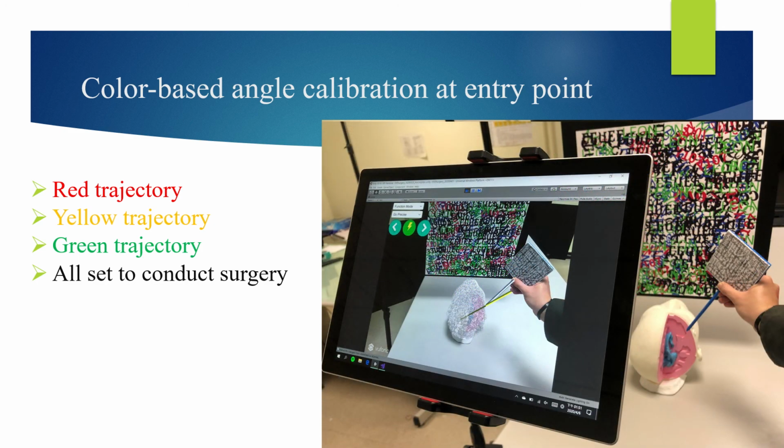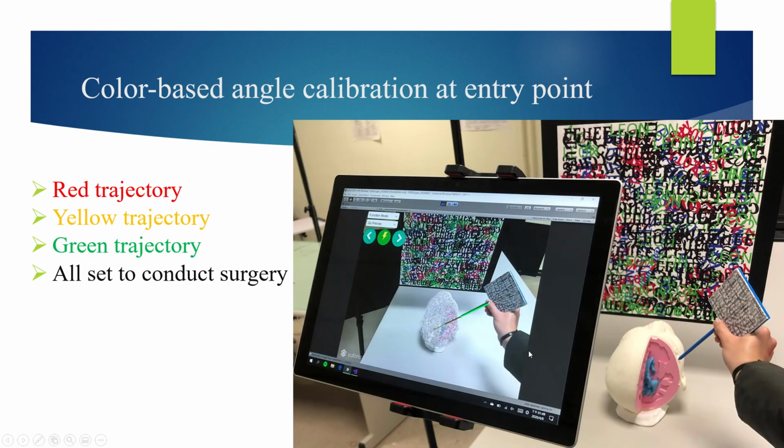The yellow trajectory means that the edge of the navigation stick and the entry point are overlapped, but the angle is wrong. The green trajectory means that both the position and the angle of this trajectory are correct, and it's all set to conduct the surgery.